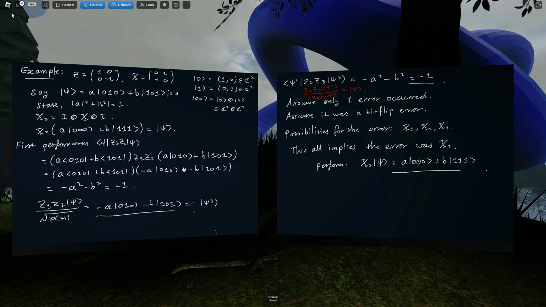Okay, so now we can give a more general definition of what a quantum error correction code is. So a QECC is a pair consisting of a Hilbert space and a set of operators on that Hilbert space.